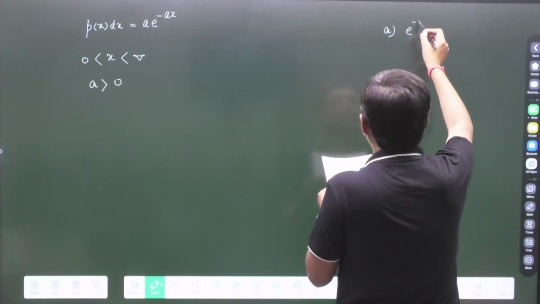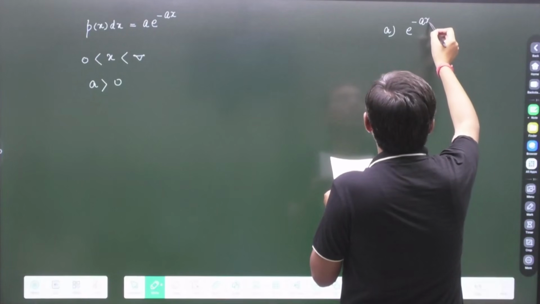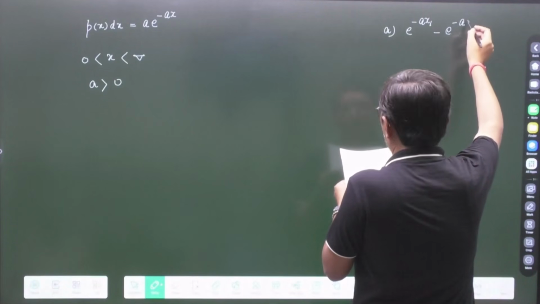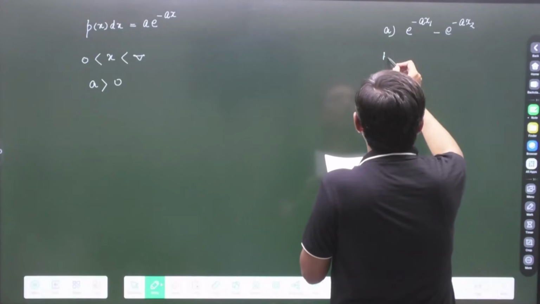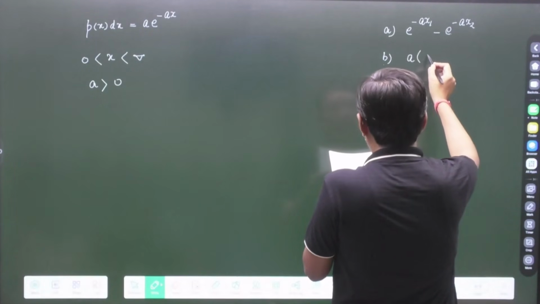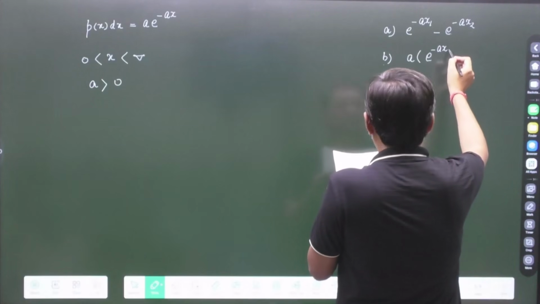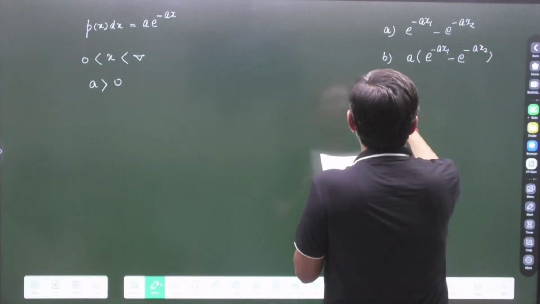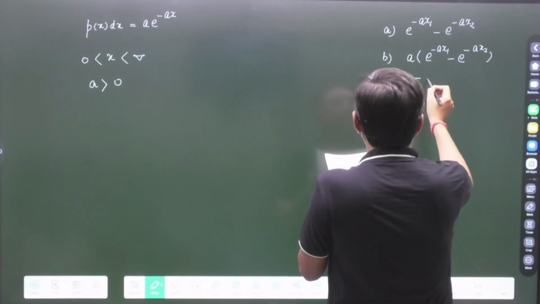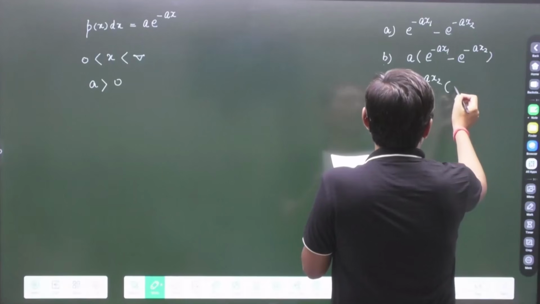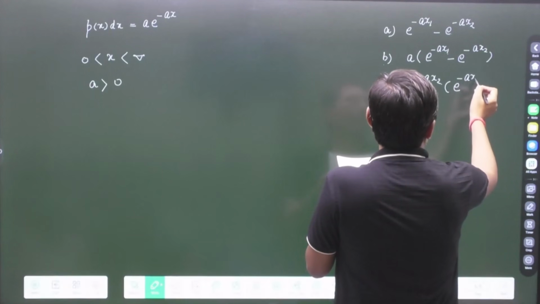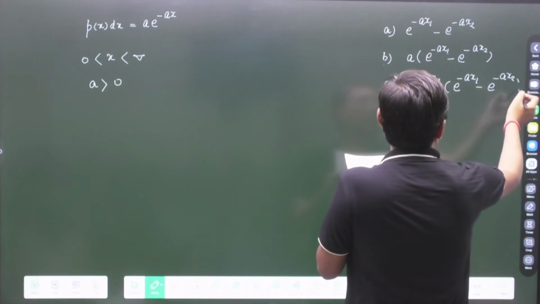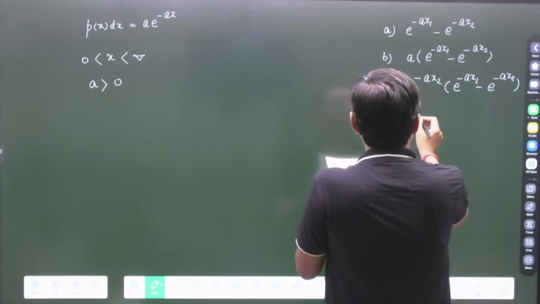Option A, e to the power minus a x1 minus e to the power minus a x2. Option B, a e to the power minus a x1 minus e to the power minus a x2. Option C, e to the power minus a x2 minus e to the power minus a x1. Option D, e to the power minus a x1.